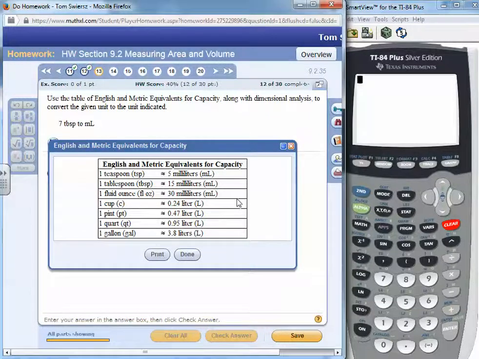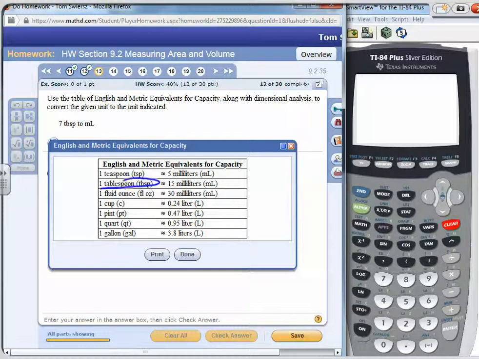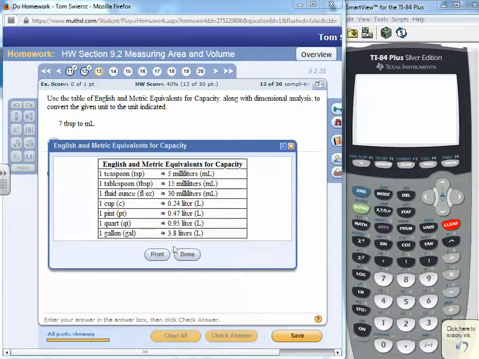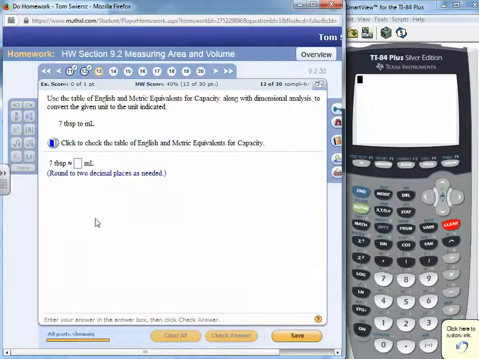Okay, 1 tablespoon is 15 milliliters right there, right? TBSP to milliliters. So we'll remember that. 1 tablespoon is 15 milliliters. So we'll go ahead and close that. Okay. So 7 tablespoons.